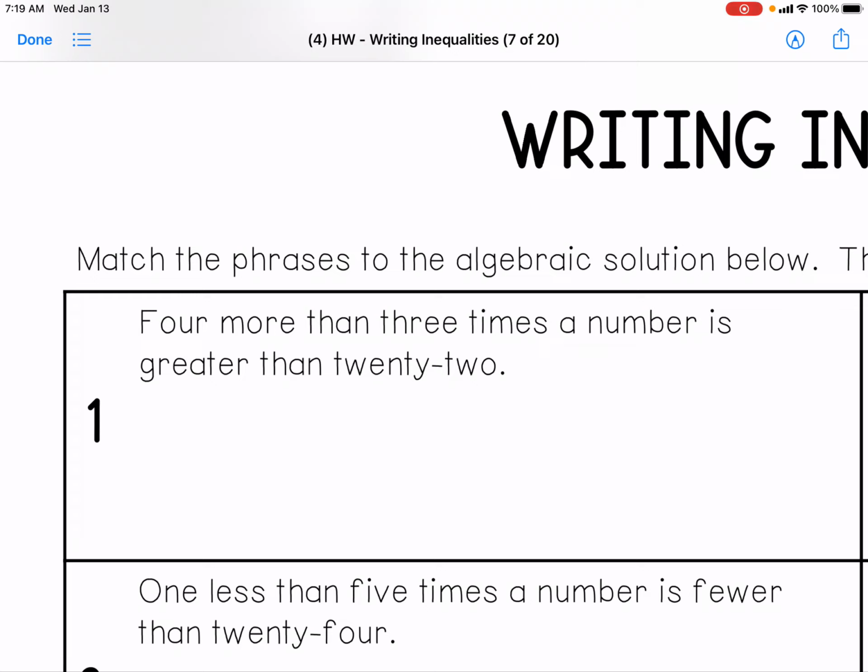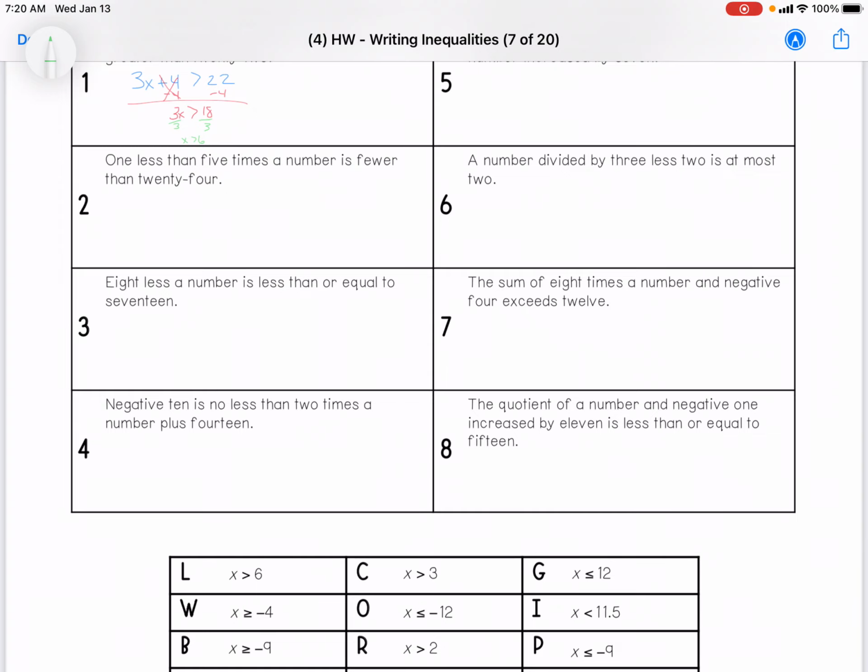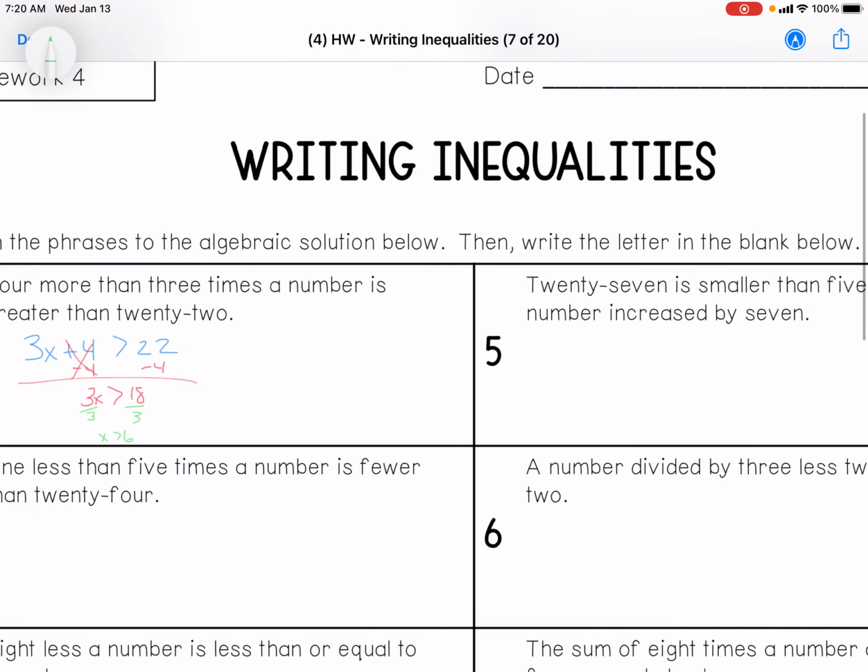Go ahead and solve that. Divide by 3. X is greater than 6. Which one does that match up with? L. So this one is L.